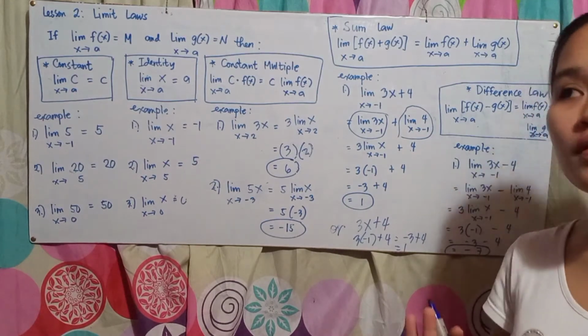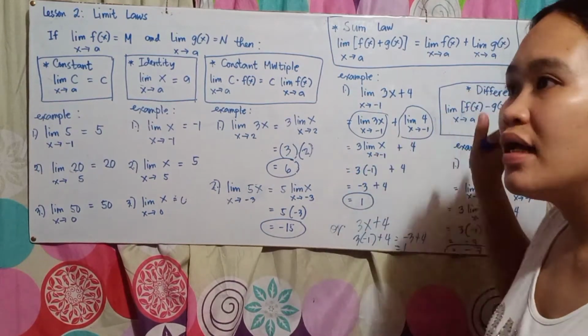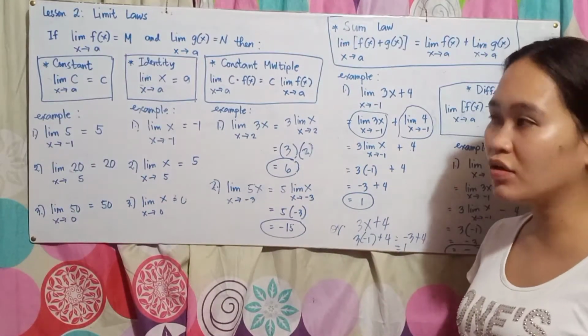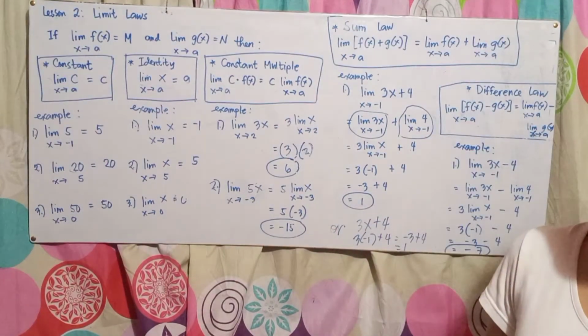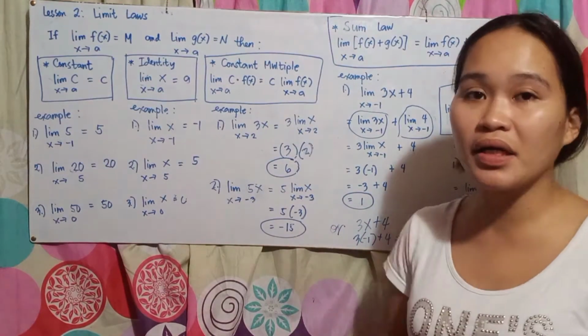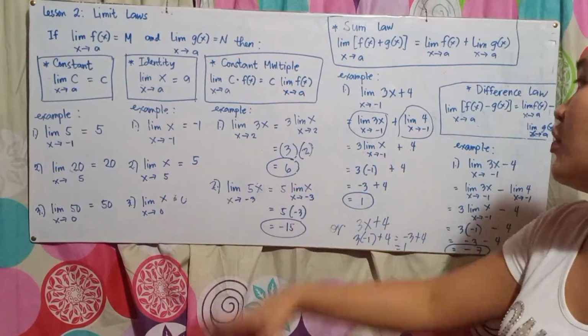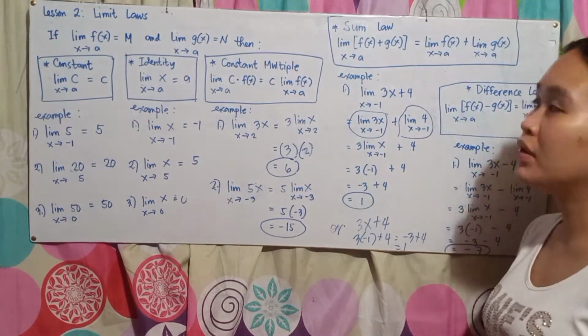Kung for example, sa exam, kung dili required ang process sa limit laws, pwede rin yun ani mong gamiton na solving. Kung asa ang masayon dito ka. Pero kung just in case sa mga exam or activity, kung gina-required ang correct process sa limit laws, so ingon ani pag-show sa correct process sa ato ang limit laws.